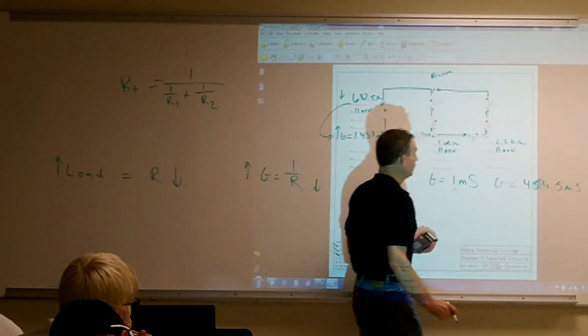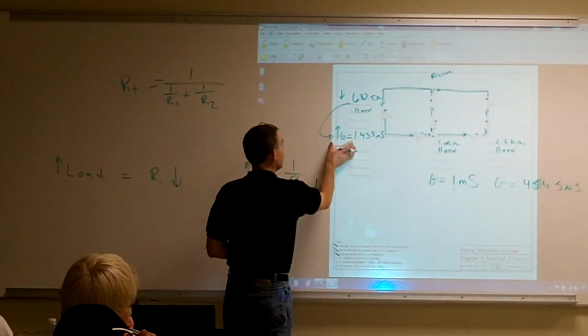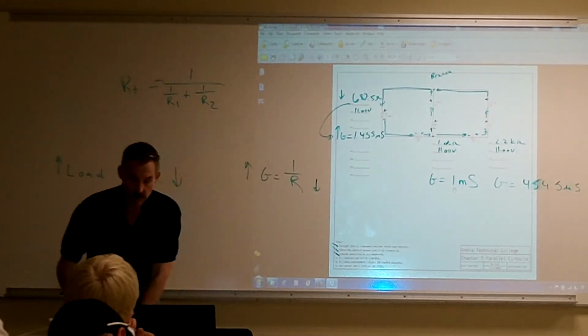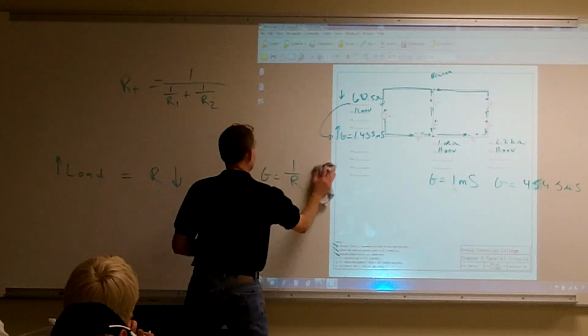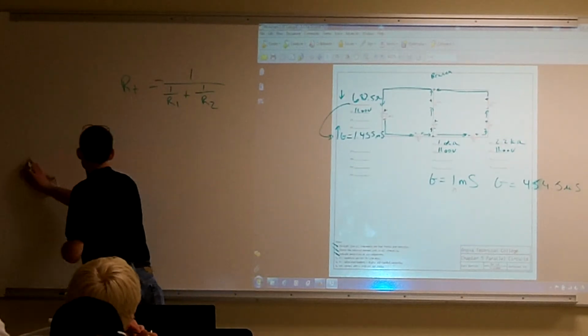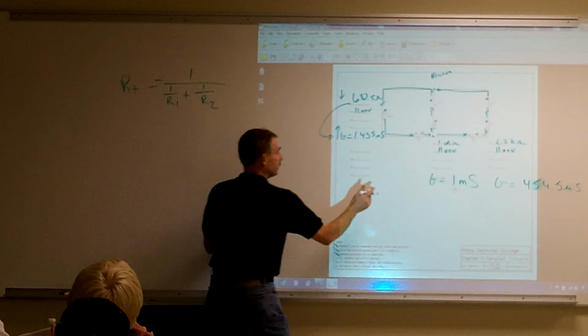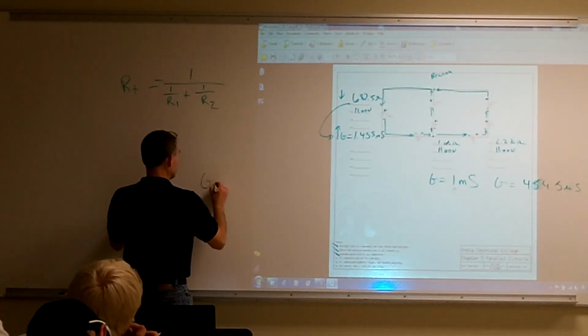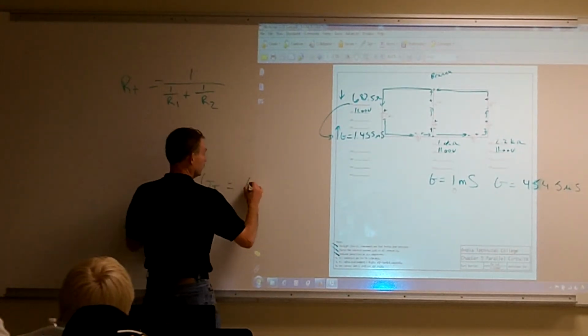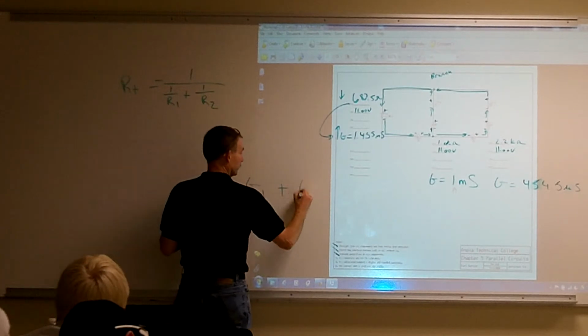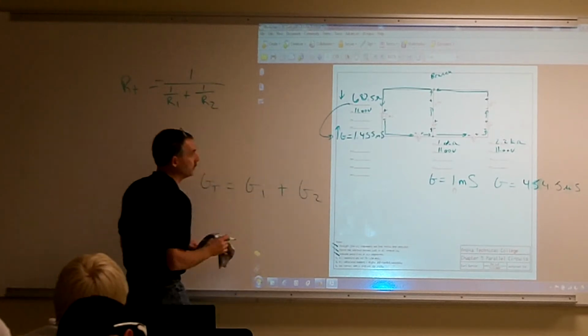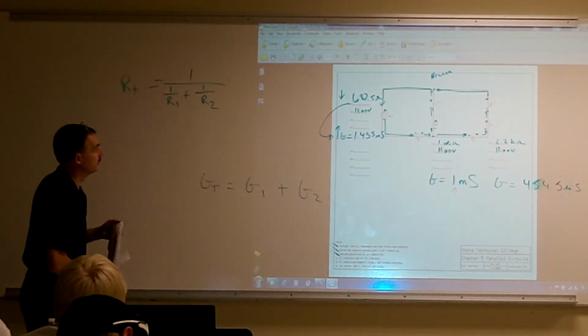There you go. So now, if I want to find out the total conductance of my circuit, all I have to do is add them all together. So my total conductance is equal to G1 plus G2. If I add those two together, what do I end up getting?